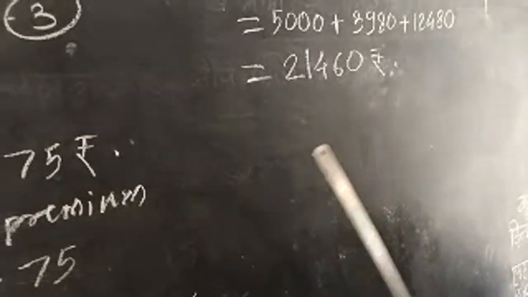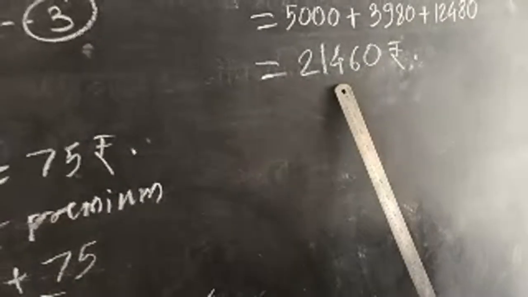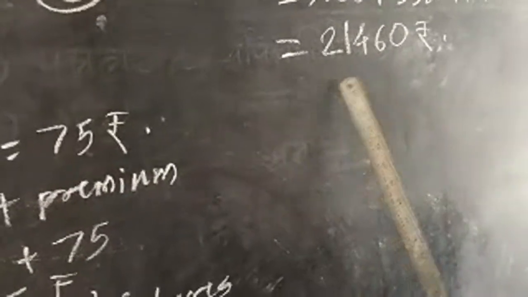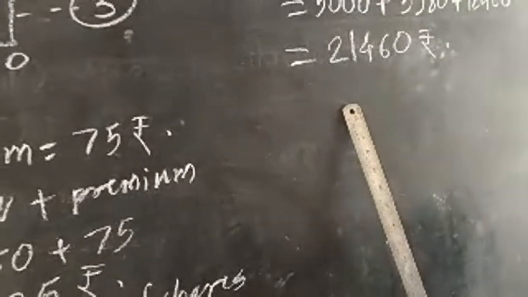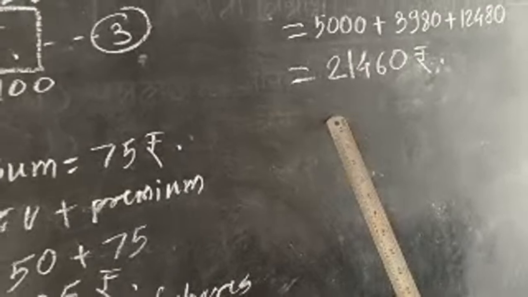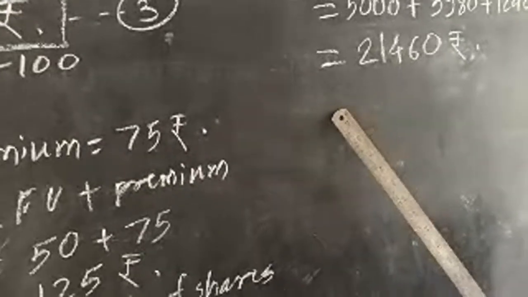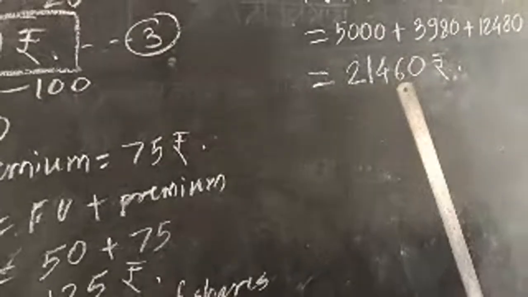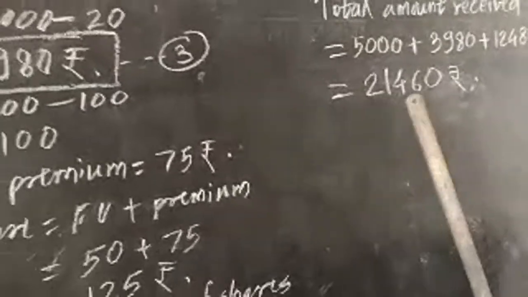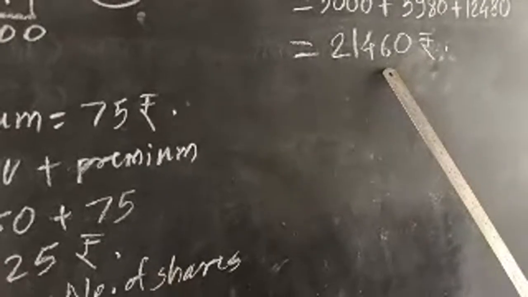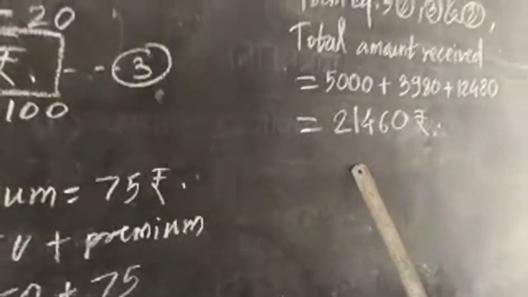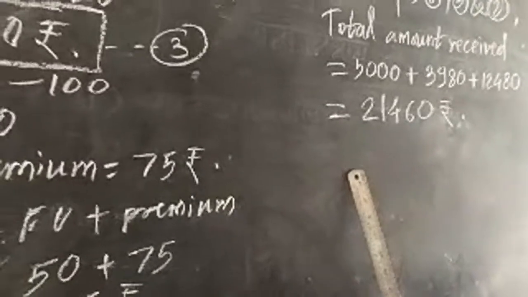Then tell here, is this amount larger or smaller? D'Souza invested how many rupees? 30,000, and he actually got 21,460. Means D'Souza is in profit or in loss?